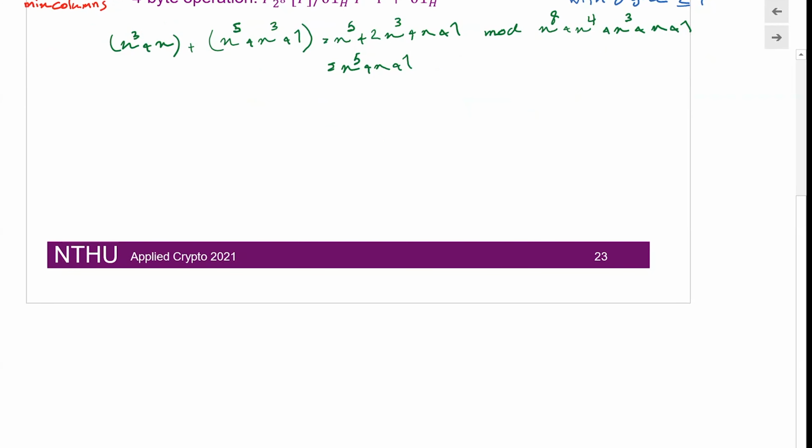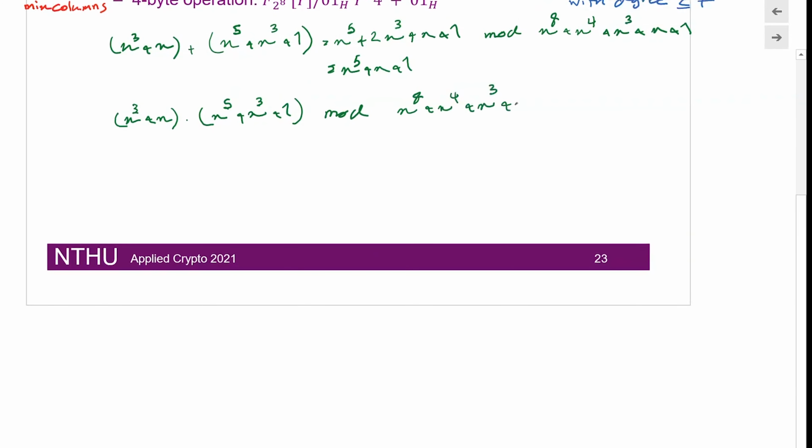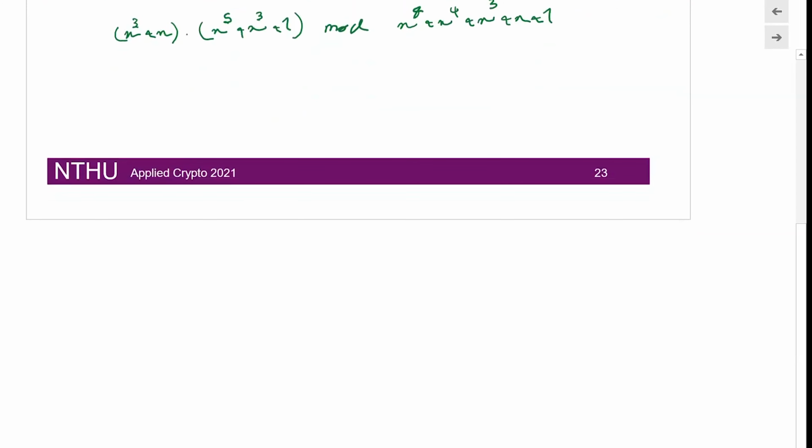And sometimes we also want to do multiplication. So if I multiply these two things together, x^3 + x multiplied by x^5 + x^3 + 1, again mod x^8 + x^4 + x^3 + x + 1. So let's see what I get.